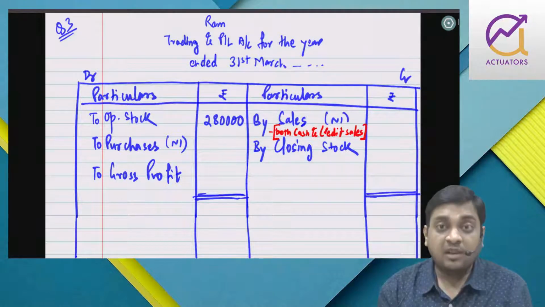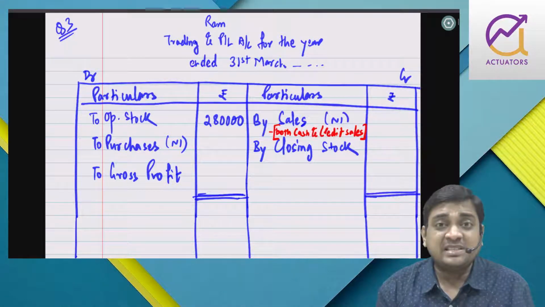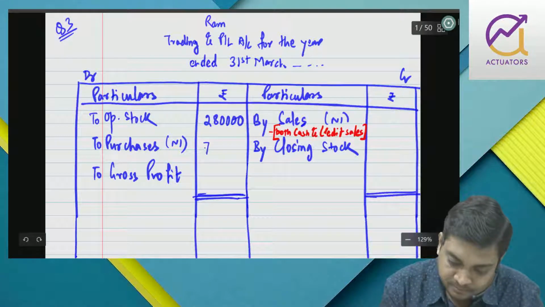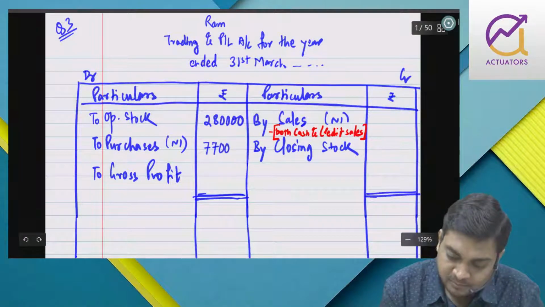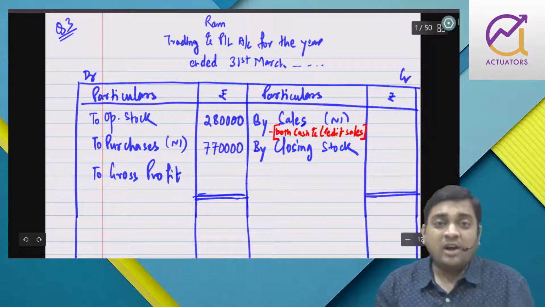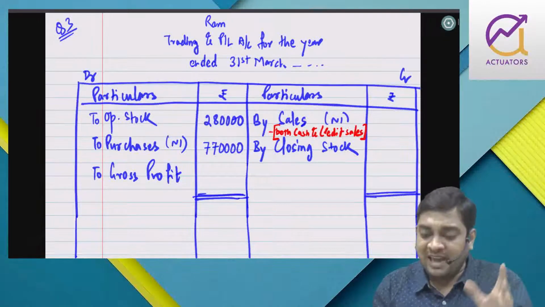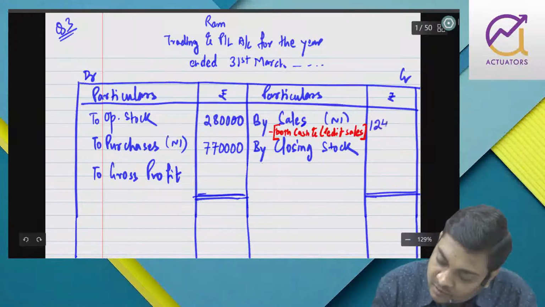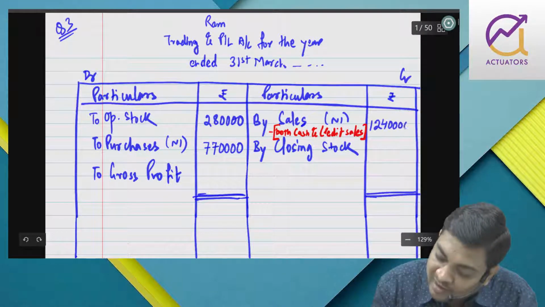Now, what is my credit purchase? 7,70,000, and there is no cash purchase information. What is my credit sale? 10 lakh, and what is my cash sales? 2,40,000.